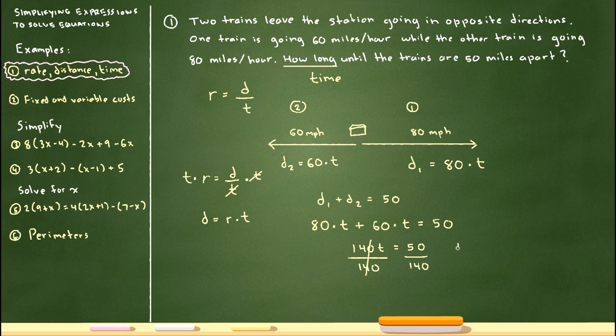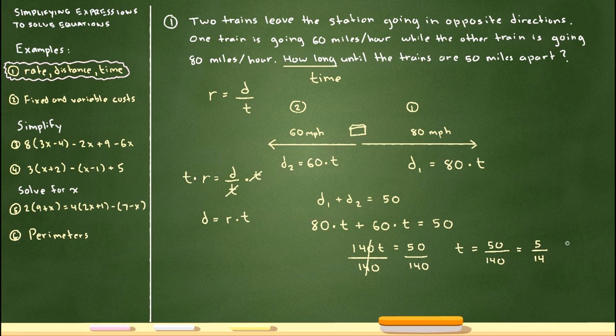So we get t is equal to 50 over 140, which we can reduce. 10 goes into both of these, so we're going to get 5 over 14.